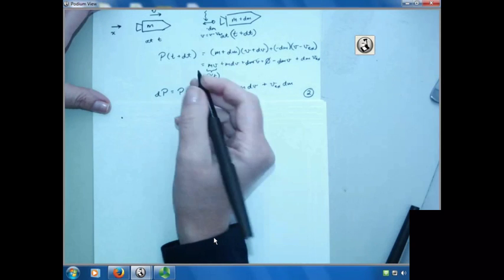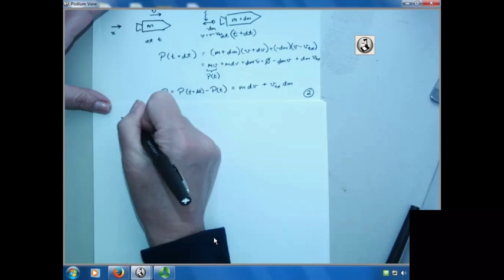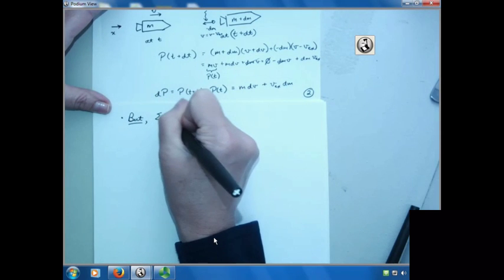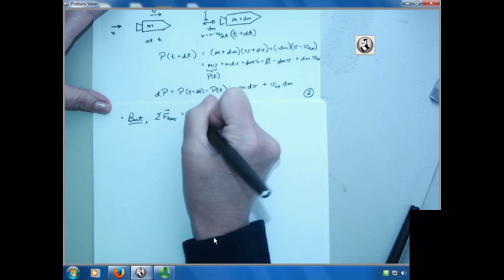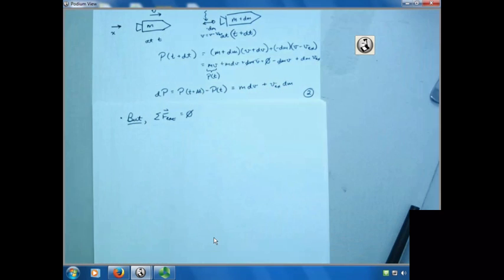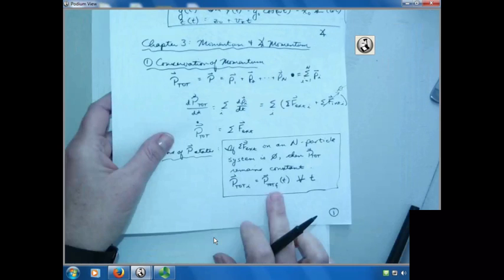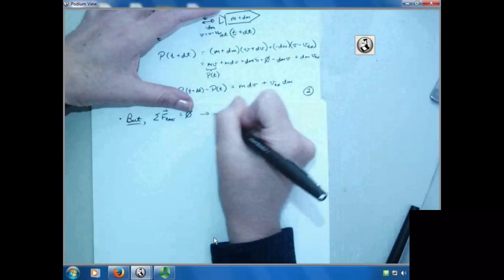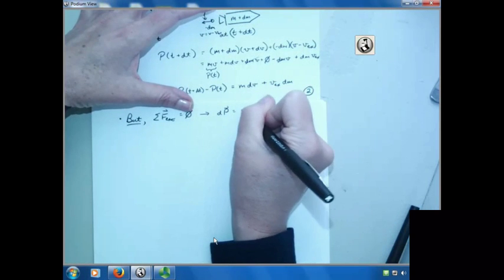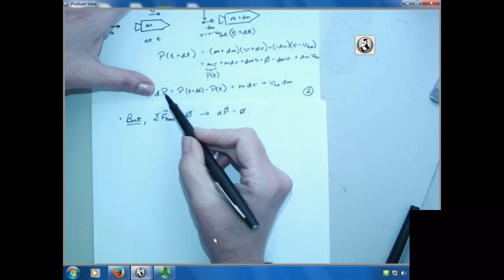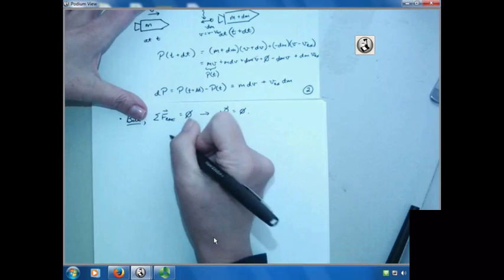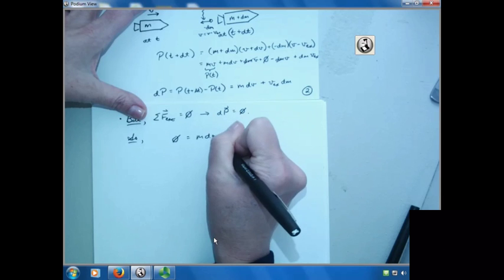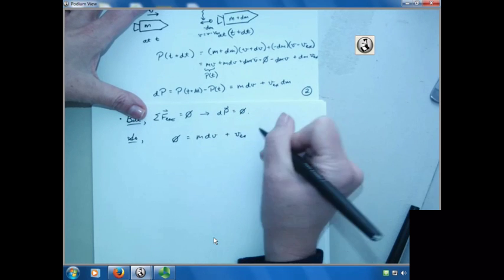In our scenario, this is happening out in outer space, so we have that the net external force is zero. And by the conservation of momentum, that tells me that momentum stays the same all the time, which tells me that dp must be zero, which tells me the magnitude of dp must be zero. So what I have then is 0 is equal to m dv plus the exhaust speed times dm.